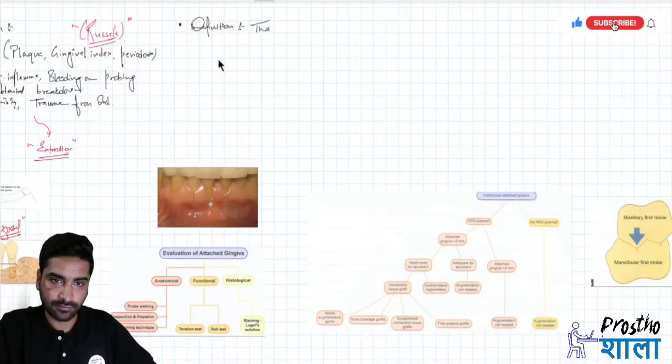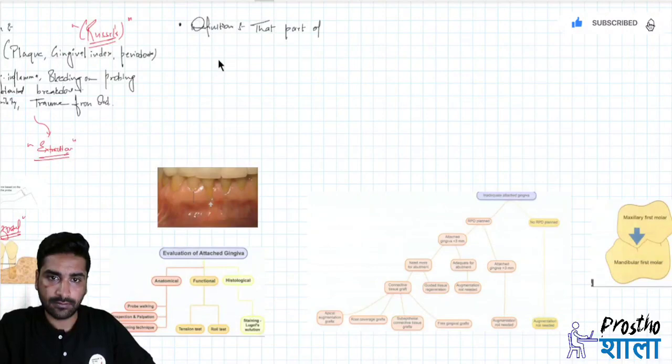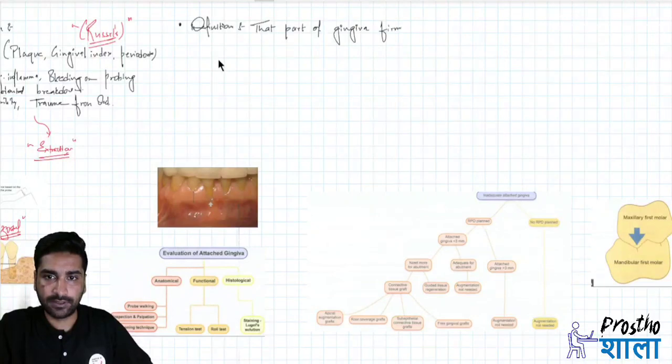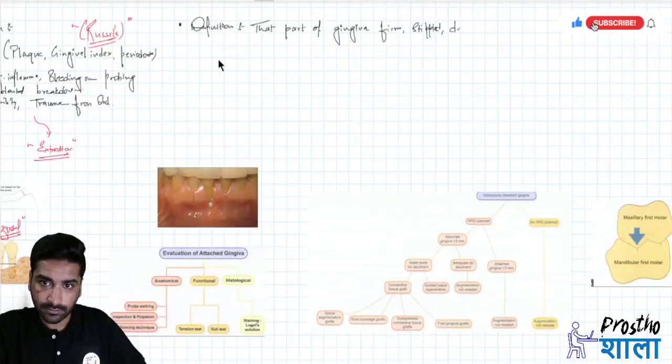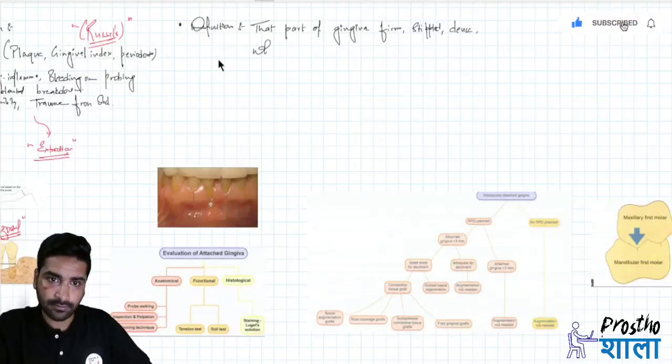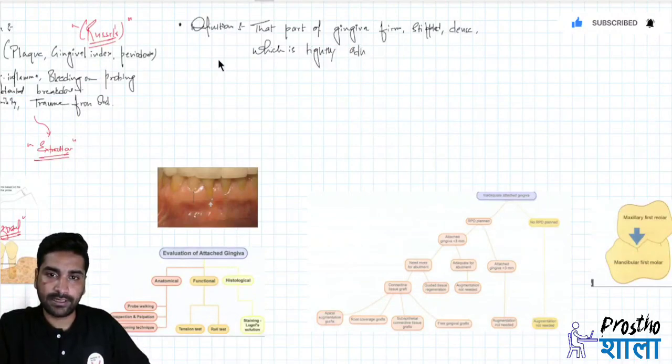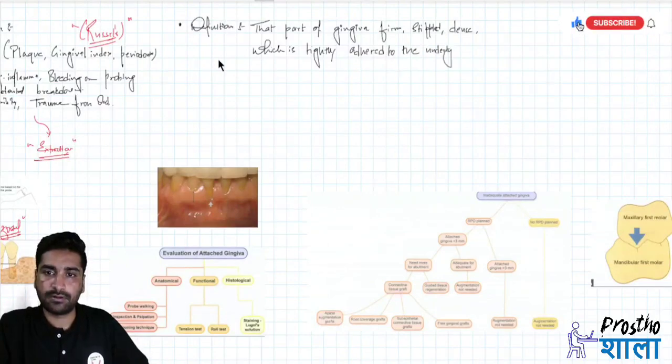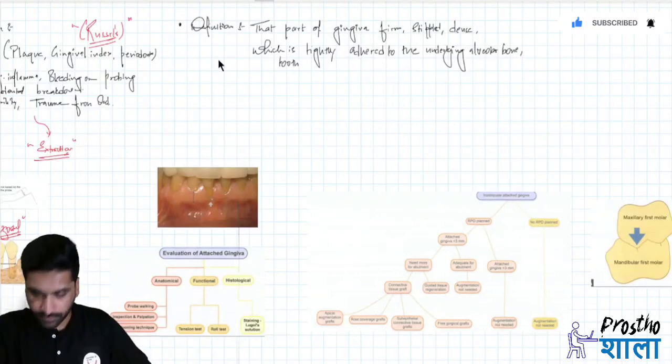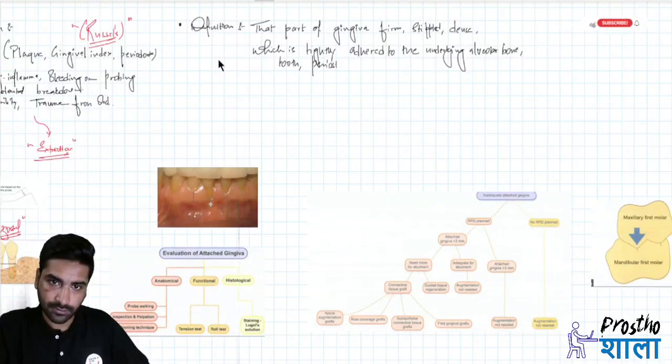So, that part of gingiva that is firm, stippled and dense, which is tightly adhered to the underlying alveolar bone, tooth or the periosteum.